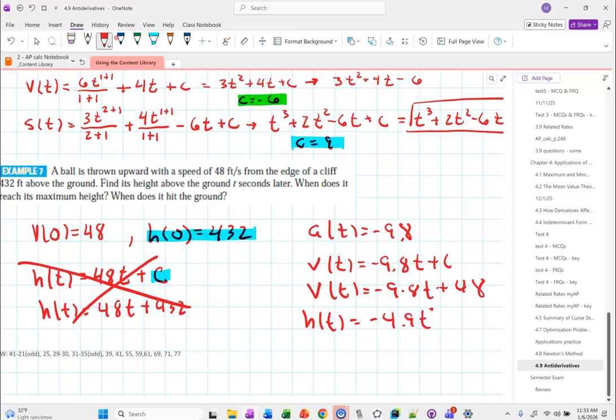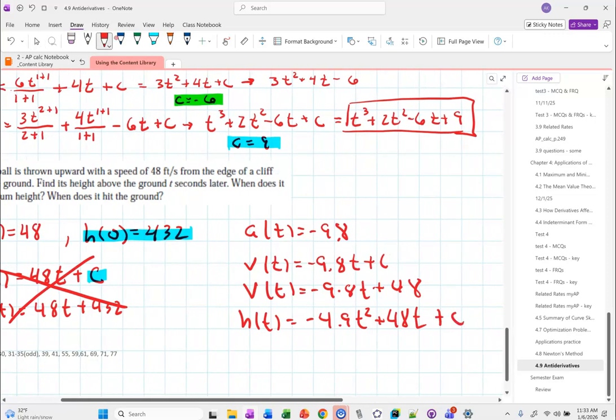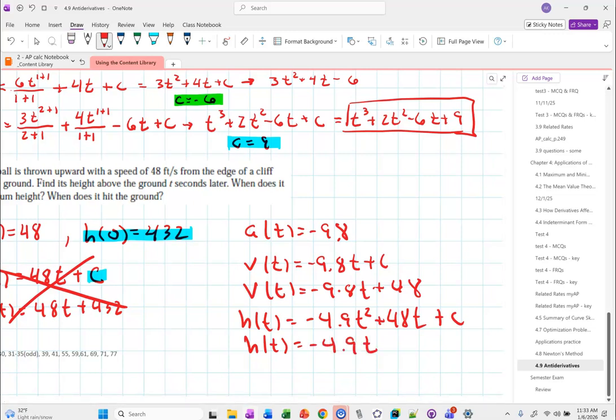Antiderivative of this, and that constant has to be 432. Does everybody feel okay with what we did now? That looks a heck of a lot better to me.